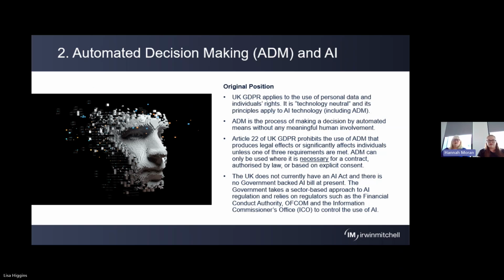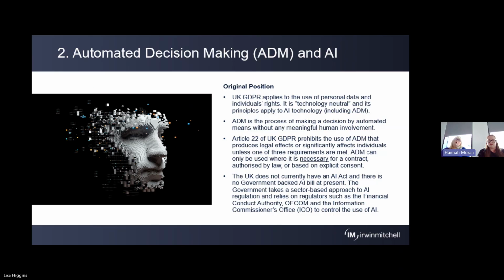And where that decision has legal consequences, or relates to something which has a significant effect on the individual, it was very tightly regulated by Article 22 of EU GDPR, and then subsequently UK GDPR following Brexit.